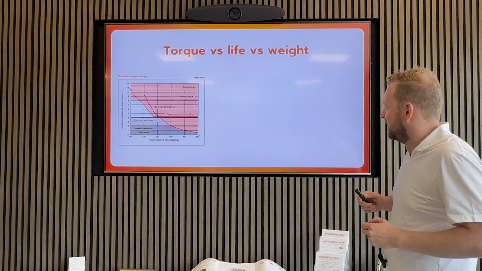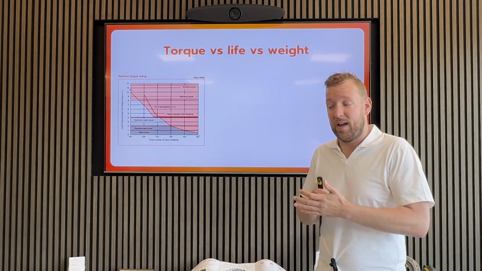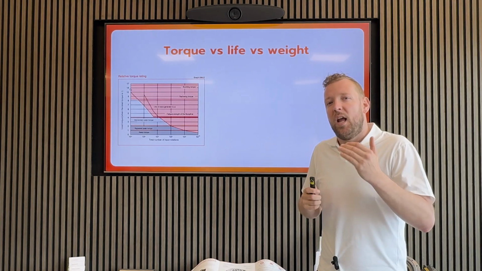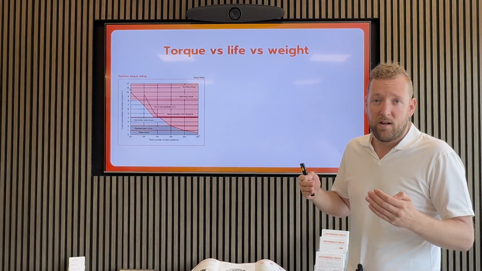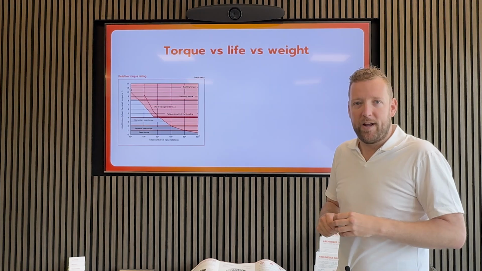And I'm going to be honest, if you compare the torque density of an Archimedes drive with its competitors, it's slightly less. It's less good if you take that classic definition of the rated torque divided by the weight.